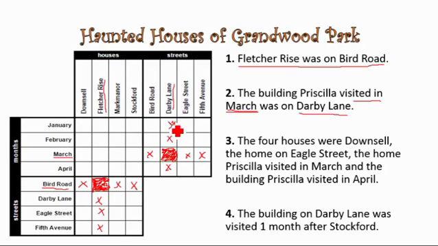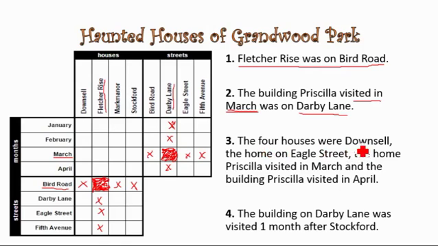Next in our steps, we can use process of elimination. This is another strategy you might use when doing logic puzzles. It's going to give us the 4 houses, but it's going to describe them in different ways so that we can use some reading in between the lines to make some deductions.